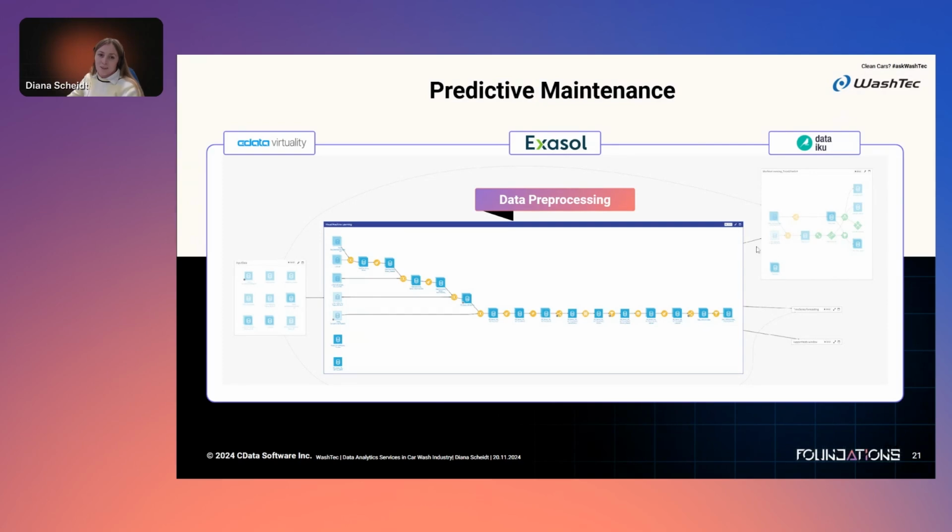Usually if you work on machine learning projects, you know the data pre-processing is the biggest step, and that's why for us it is important to have data in Exasol. Some data we transfer on an hourly basis, some data on a daily basis, depending on the data, but we have 3 applications here in place: CData Virtuality, Exasol, and dataiku.